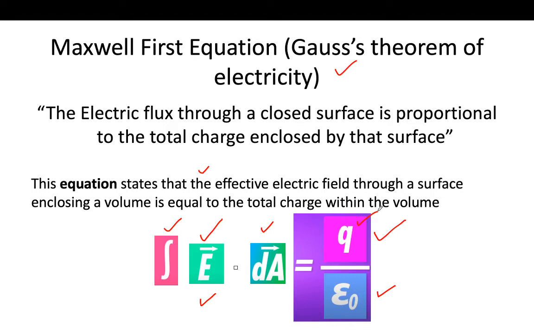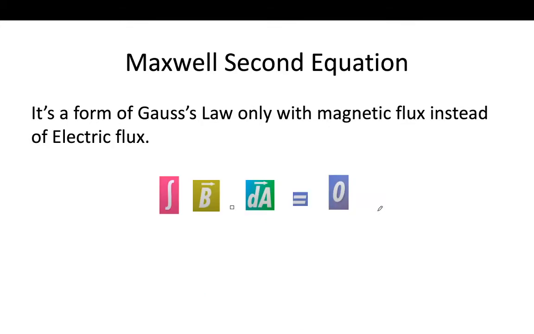So the Gauss's theorem of electricity says that we no need to ask if there is electricity, is there any charge or not, or if there is a charge, then we no need to ask if there is electricity or not, because they are both directly proportional to each other and they will be present there. If electricity is there, then charge is automatically there. So this is the Gauss's theorem of electricity, or you can say the Maxwell first equation.